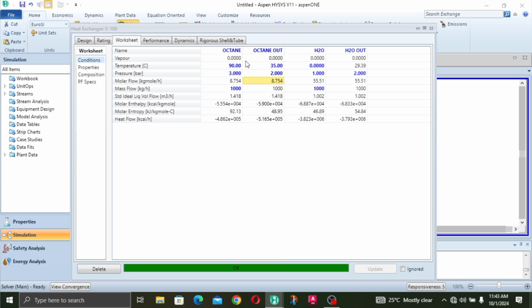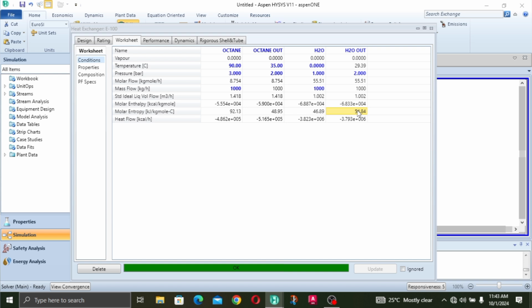The change in temperature between the hot inlet and hot outlet, octane in and octane out, is negative 55 Celsius. It loses 55 Celsius, and the H2 gains a temperature of positive 29.39.